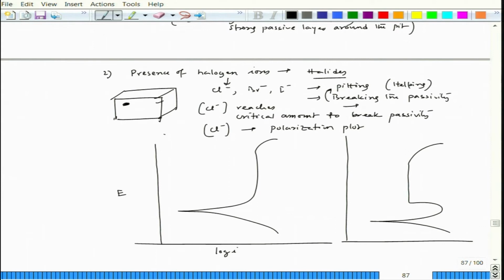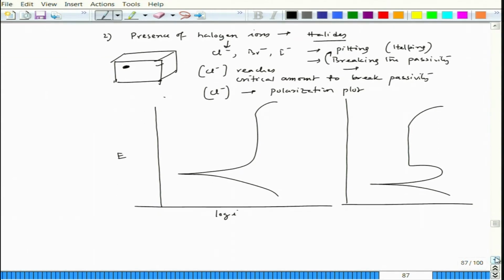So, this is spontaneously passivating, or you can say spontaneous passivity. And this is active-passive transformation to achieve passivity.